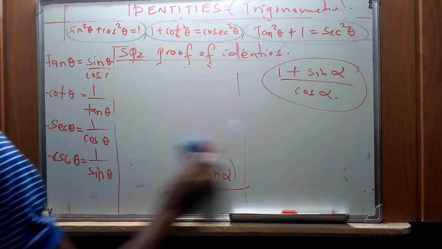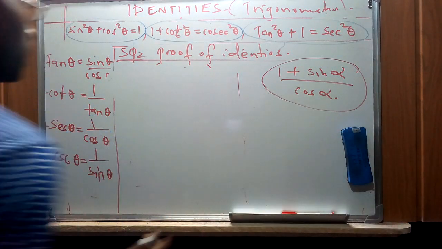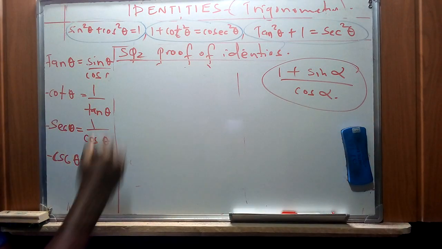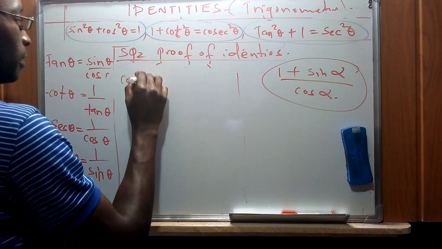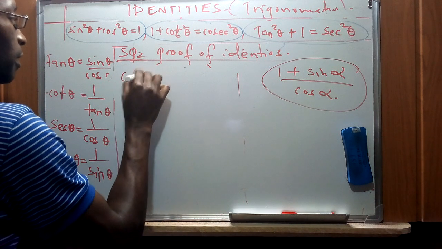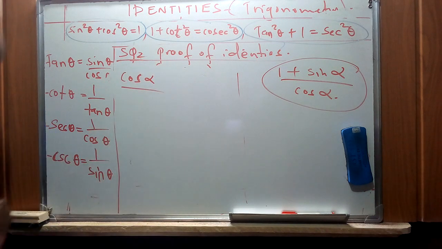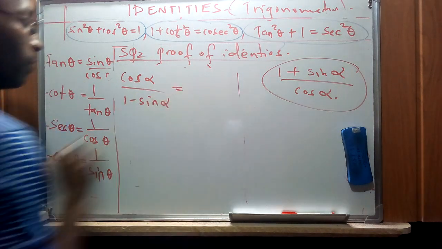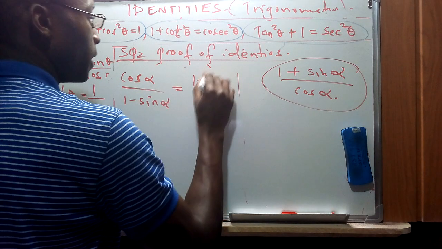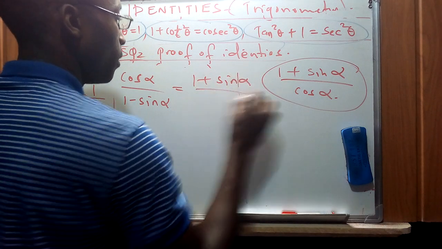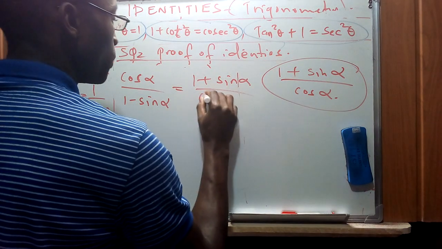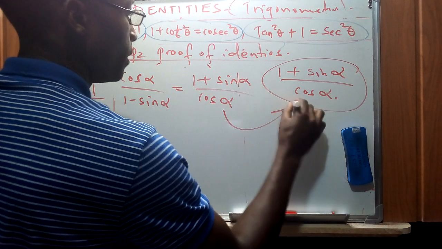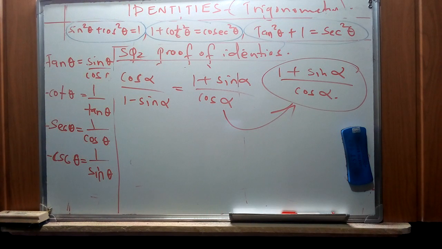The expression requested us to prove whether cosine alpha all over 1 minus sine alpha is equivalent to 1 plus the sine alpha all over cosine alpha, which basically we have already proved is the case.